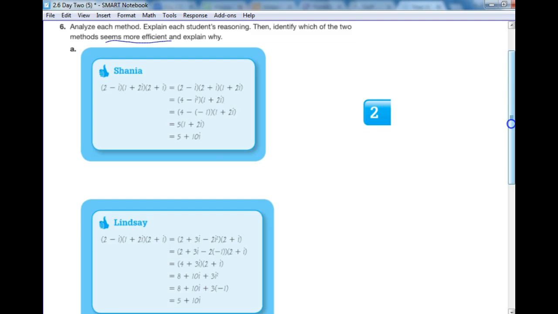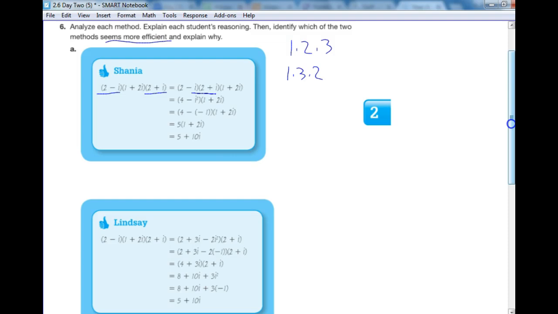But she's taken 2 minus i times 1 plus 2i times 2 plus i. And she's pretty smart. Let me tell you the truth. She's pretty smart because she's looking in and she says, hey, I have a pair of complex conjugates here. So if I rearrange these, because 1 times 2 times 3 is the exact same as 1 times 3 times 2, when it's all multiplication, I can rearrange it.